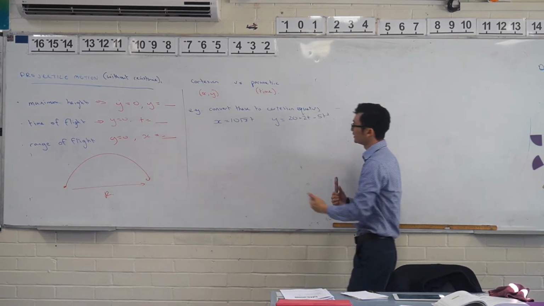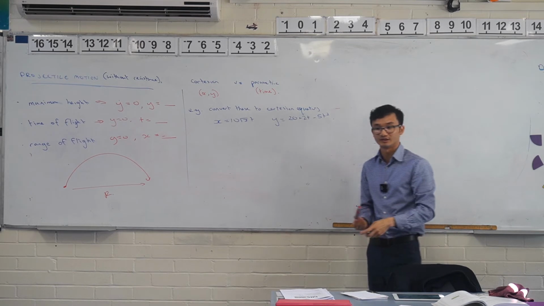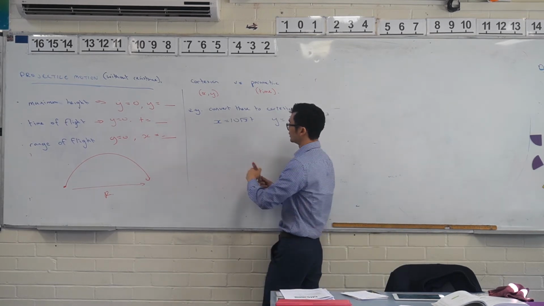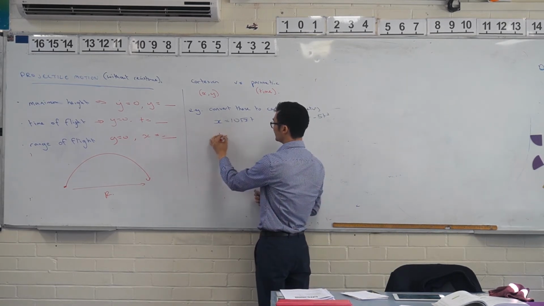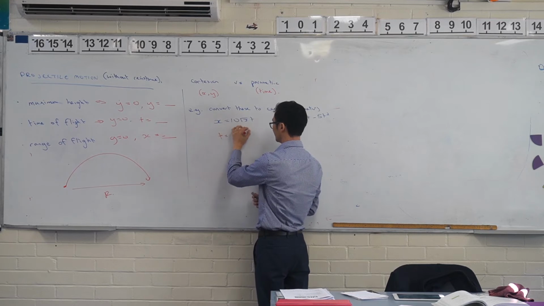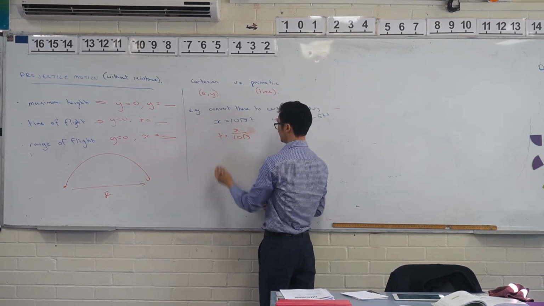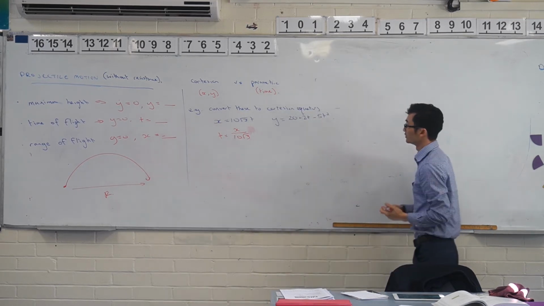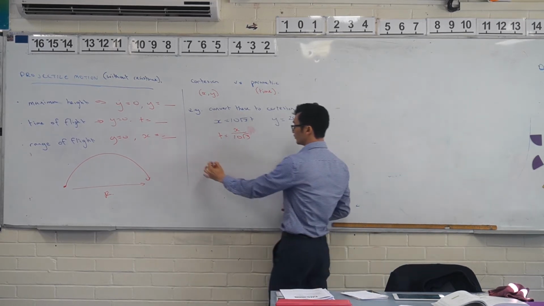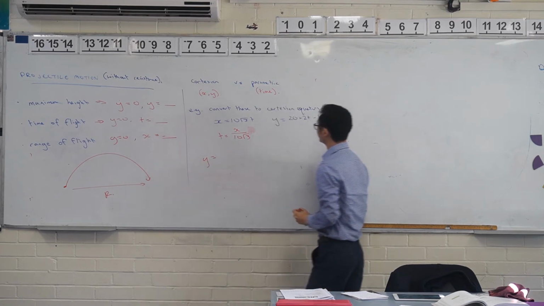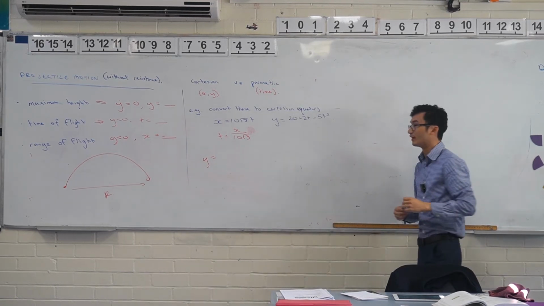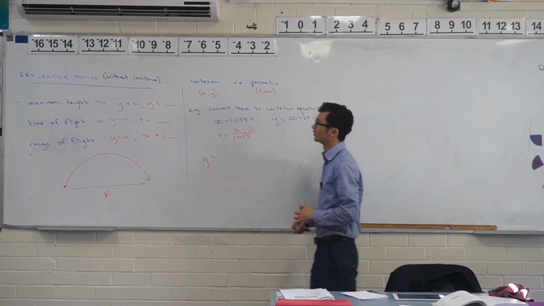Like I said, it's just a matter of solving simultaneous equations. We'll rearrange for t as the subject here. Then I've got something in terms of t. I'm going to solve for y, and rewrite y in terms of your x's.